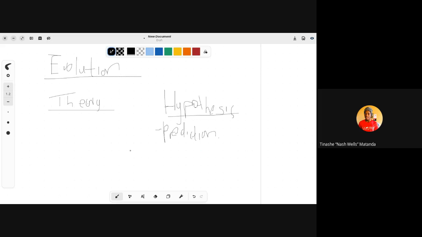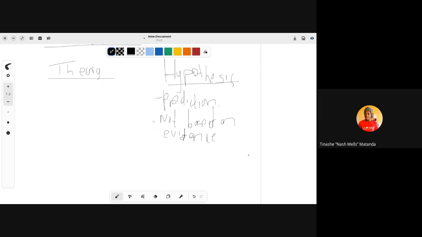And a hypothesis is not based on evidence. Okay, so there is no evidence to a hypothesis. Okay, no evidence. Okay, there is no evidence when it comes to a hypothesis. Remember, this is your own prediction. This is based on your own understanding that this may be the outcome, and it may be because of this.